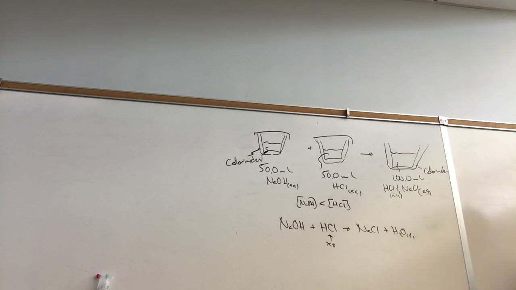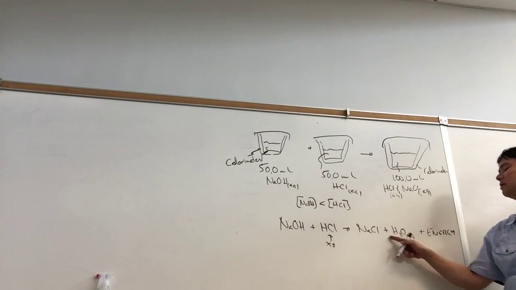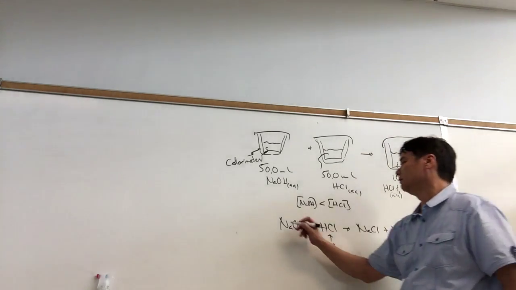Some acid won't react. And so when we do this, this turns out to be an exothermic reaction, that is, energy is released. So we're going from less stable to more stable products. All right, so this is going to be our system here.